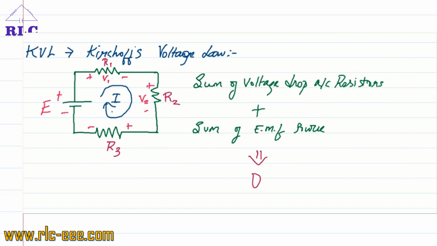So we can state that the sum of voltage drops across the resistors and the sum of EMF sources is equal to 0. How do we write it as an expression?